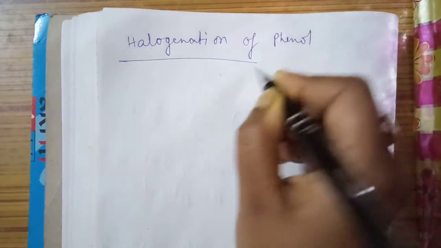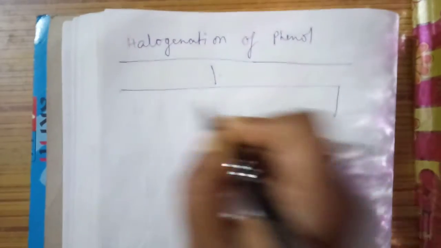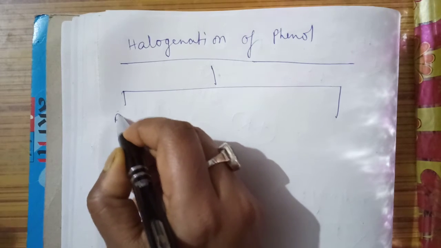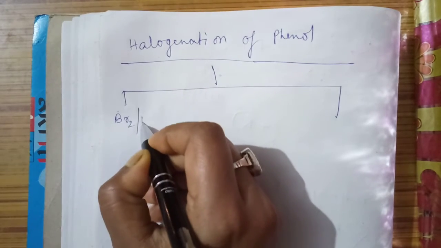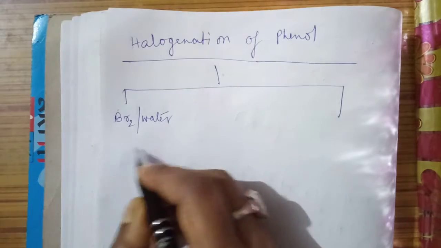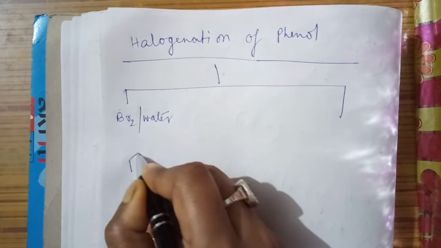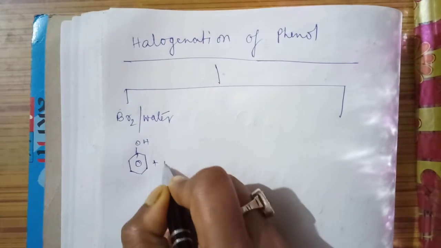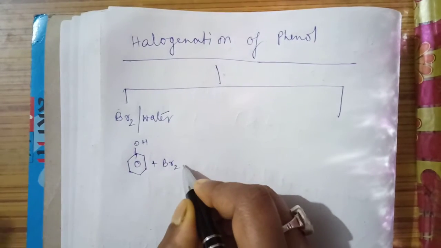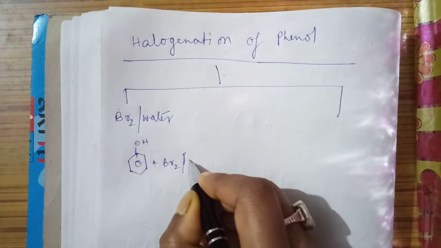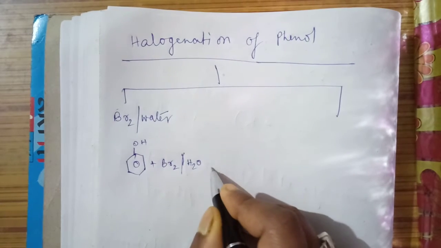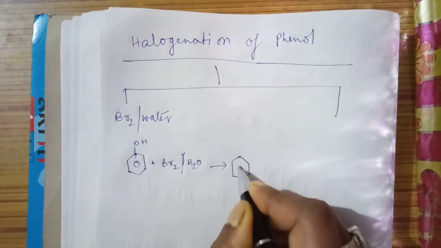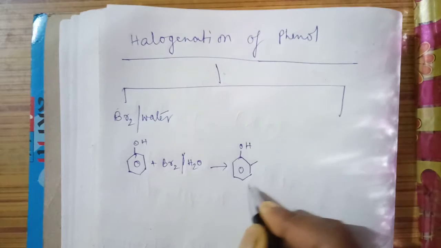Now, two halogenations are there. First of all, if we are giving bromine water, then what will happen? Phenol plus bromine water will give you 2, 4, 6.